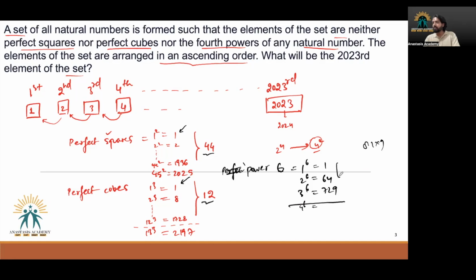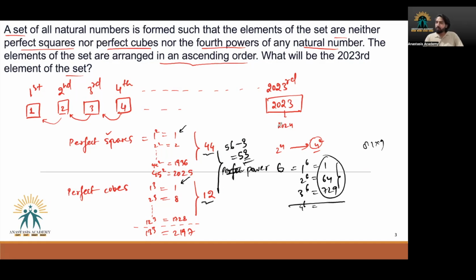So the sum of these two counts is 56, and we have counted these three numbers twice, so we have to subtract 3. 56 minus 3 is 53.